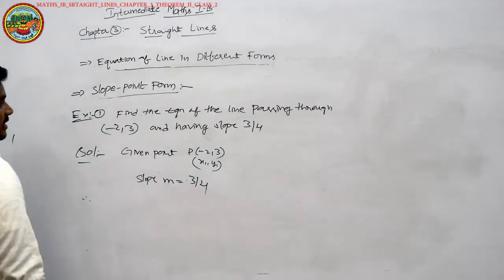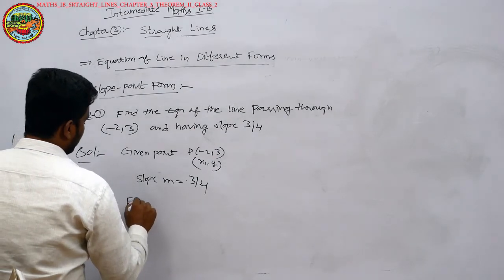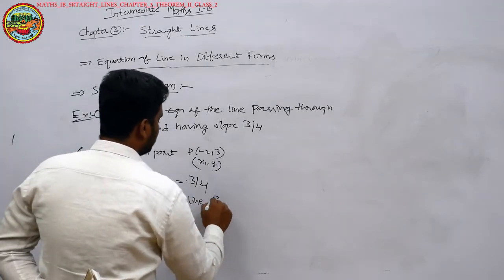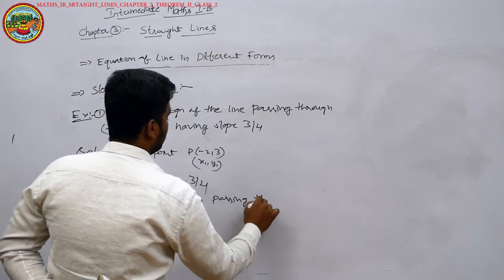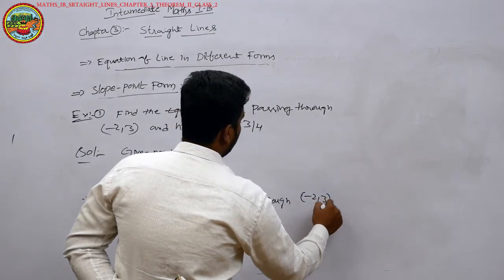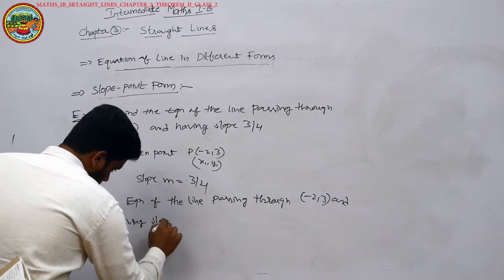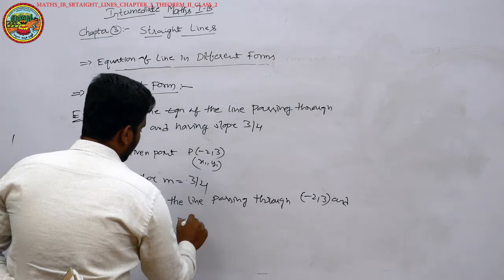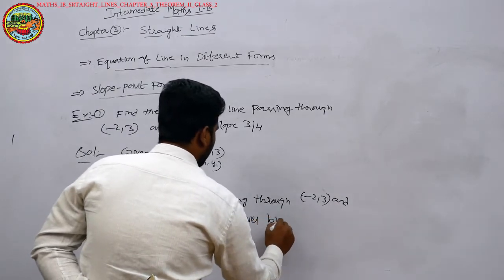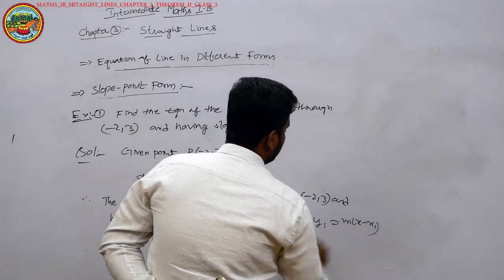So the equation of the line passing through the point (minus 2, 3) and having slope 3 by 4 is given by y minus y1 is equal to m into x minus x1.